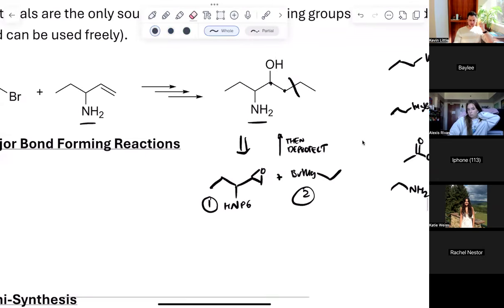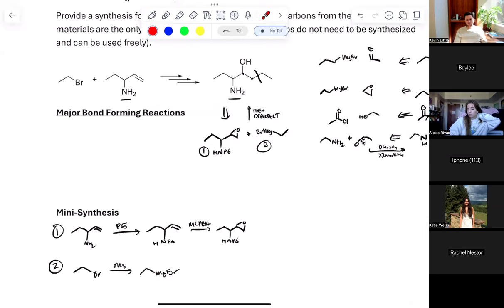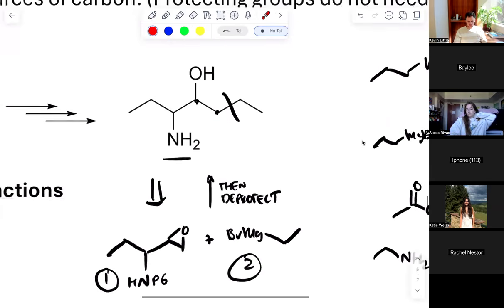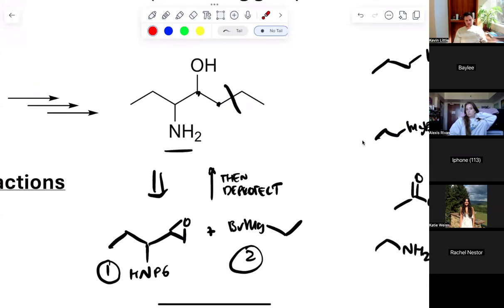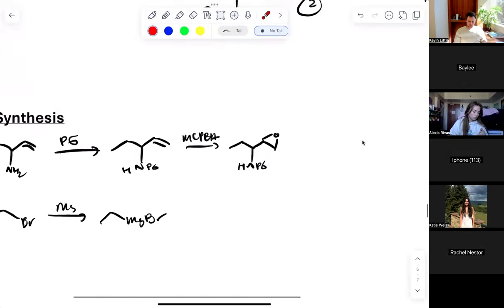I mean, you can just say, hey, this is going to make this. That's fine. And showing the Grignard actually attacking the epoxide, you don't have to show the final step mechanism. No. Okay.